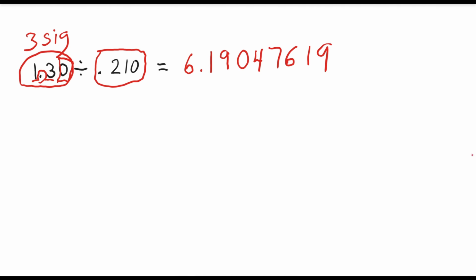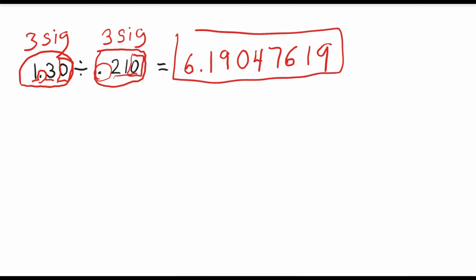And now we look at the next example. We have decimal 210. We have a trailing 0, which is normally never significant. But because there's a decimal present, it becomes significant. So here we also have 3 significant figures, which means that this final answer needs to be rounded to 3 significant figures.